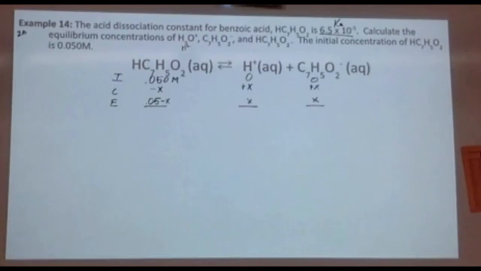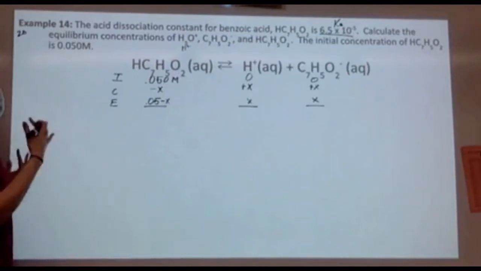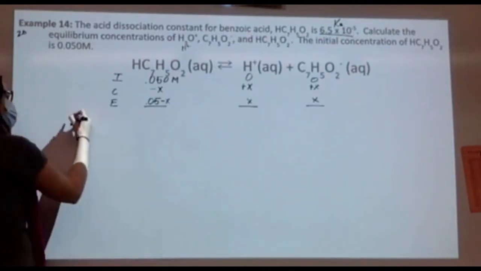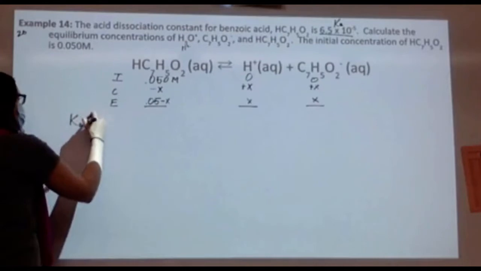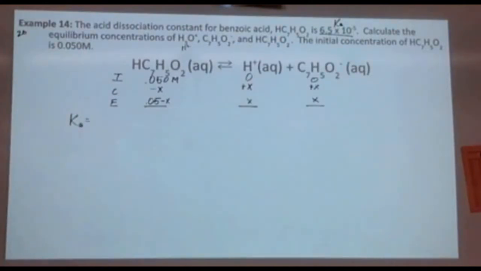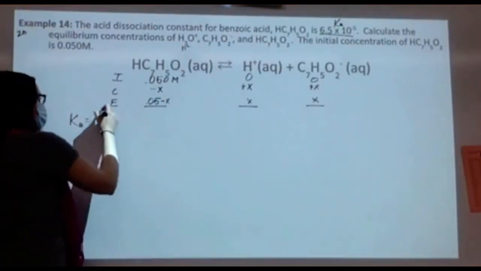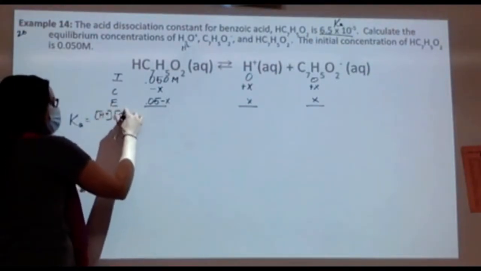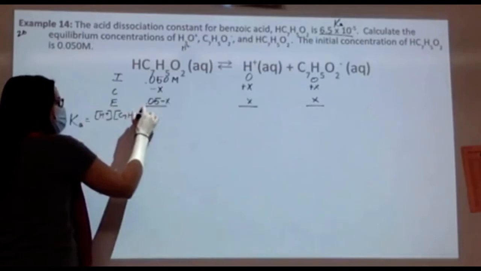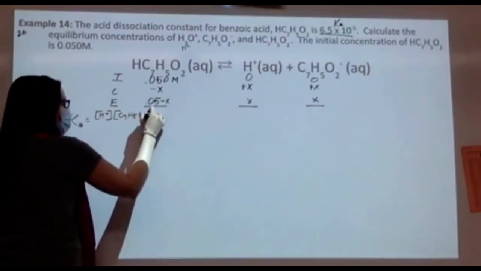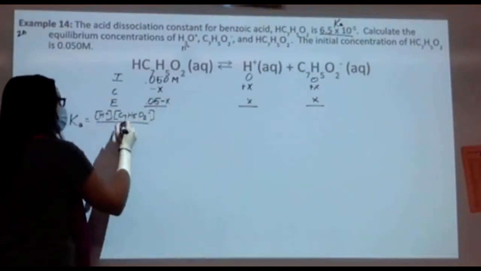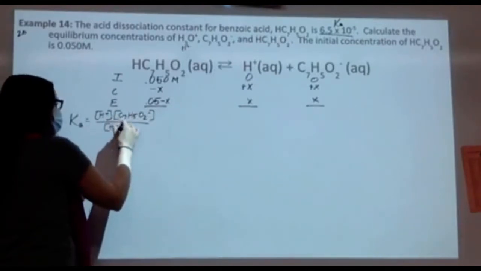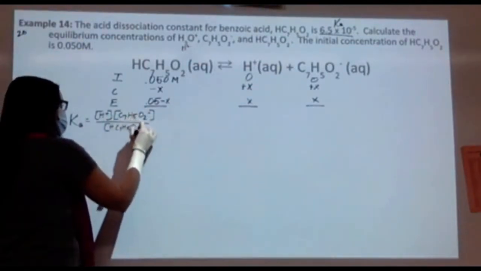We did this before, and we used our Kc to solve for X. Now we're just going to use Ka. So just like before, let's write the expression first. The Ka expression is the H plus concentration times C7H5O2 minus concentration over HC7H5O2 concentration.